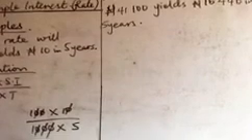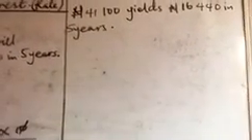Okay, calculate the rate if 41,100 naira yields 16,440 naira in 5 years.